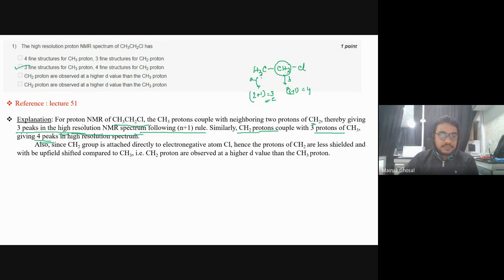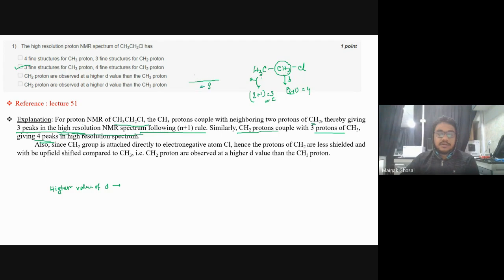Now you have to prove which one should be higher shifted. I am going backward: higher value of delta, whichever is possible. Higher value of delta means delta is increasing.